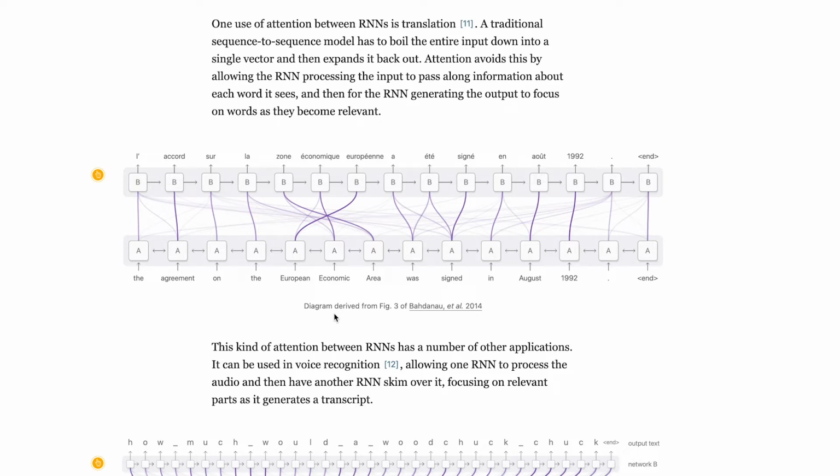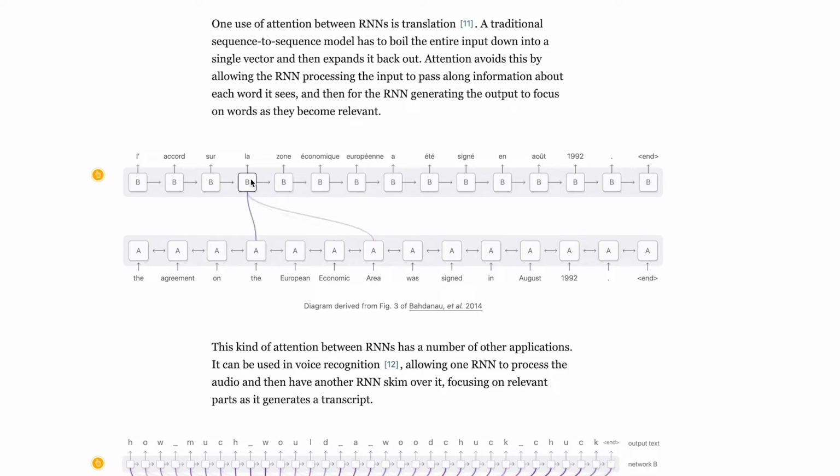And as we can see, certain words relate to other words in a strong relationship and with others in a weak relationship. For example, the word zone refers to area with a kind of strong relationship. Again, economic, économique, European, well, that's pretty obvious, but we can also see some interesting insights.